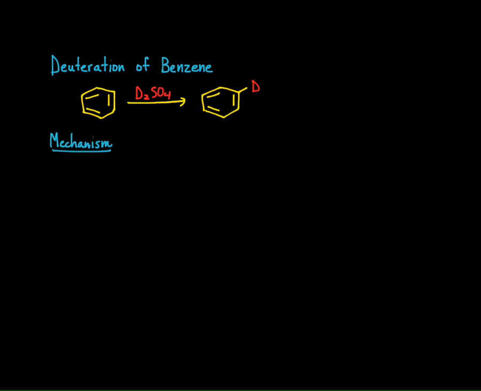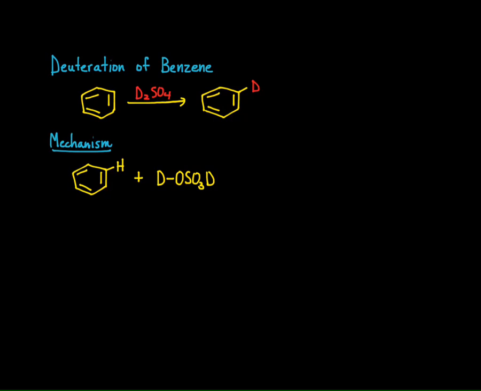And if we think about the mechanism of this reaction, we see that benzene again is the nucleophile, and deuterated sulfuric acid is the electrophile. I'm highlighting a hydrogen on that benzene because in essence we're going to substitute that hydrogen for deuterium, right?